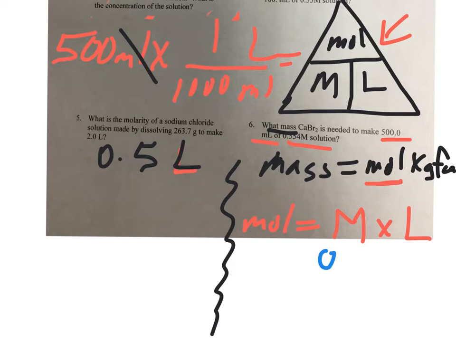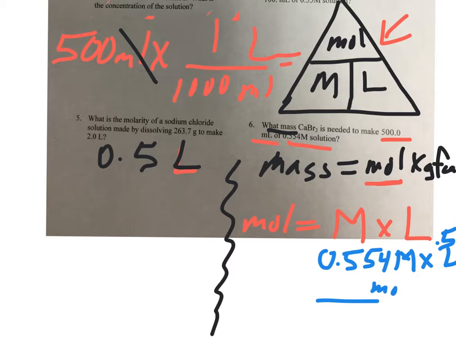So I have 0.554 for molarity times, what's my liters? The 0.5. Very good. So now, this will give me my moles. 0.554 times 0.5 is how much? 0.277 moles. Okay, very good.